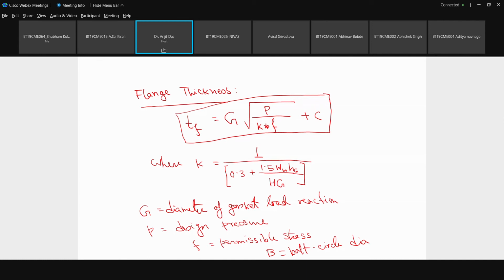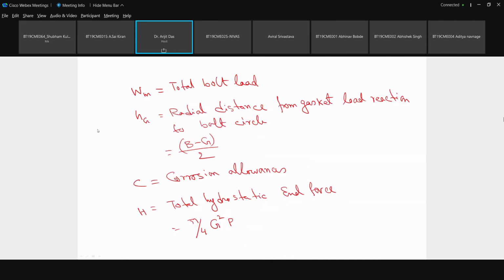Okay, I will discuss one by one. And P, you know, it is known as the design pressure, working pressure into 1.1 or 1.2, whatever you are taking, 1.15, whatever. And F is the permissible stress, B is the bolt circle diameter. Anyway, I will discuss all this.